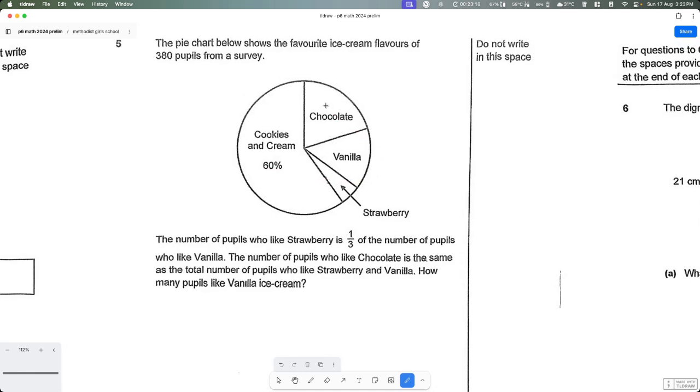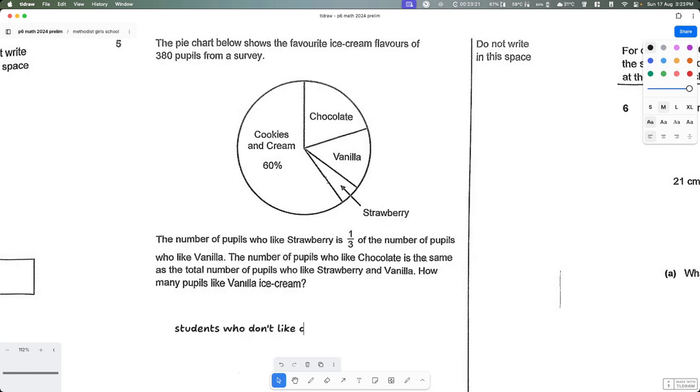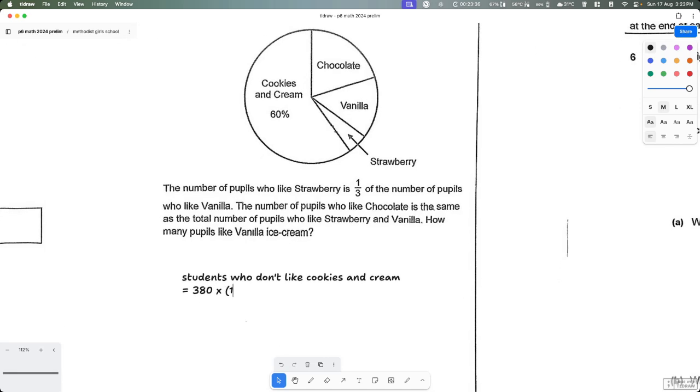Okay, so in this case, we can take the students who don't like cookies and cream, which is basically 380 times (100 minus 60) percent.